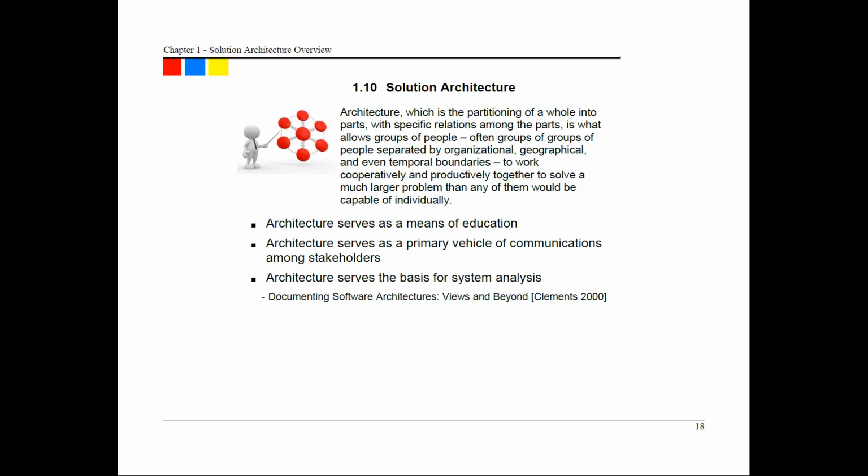in implementation. Yeah, so architecture serves as a means of education, communications, and also for system analysis. We talk about wanting to predict the behavior of something that has not been built yet, and that's our system analysis.